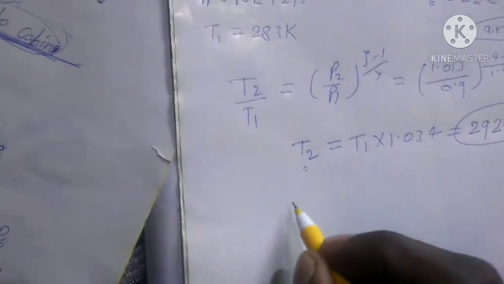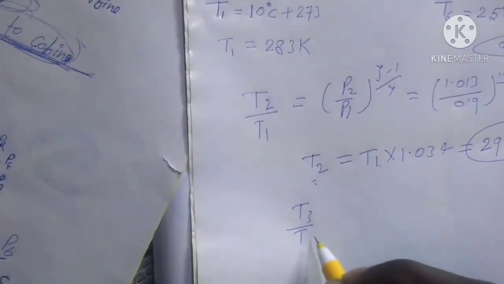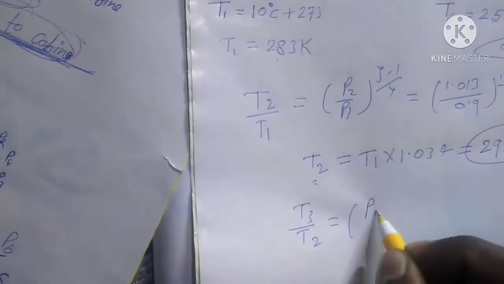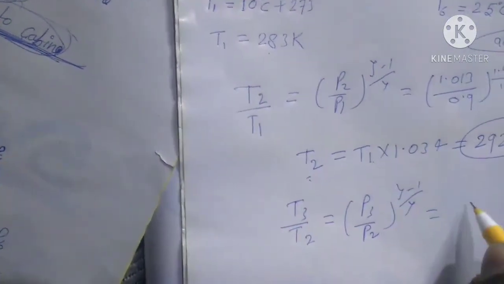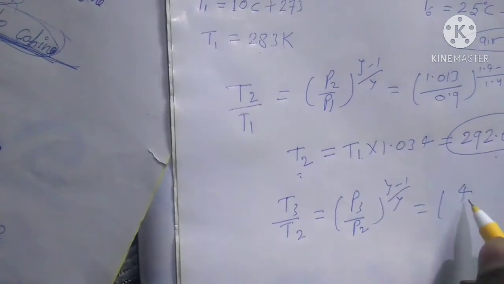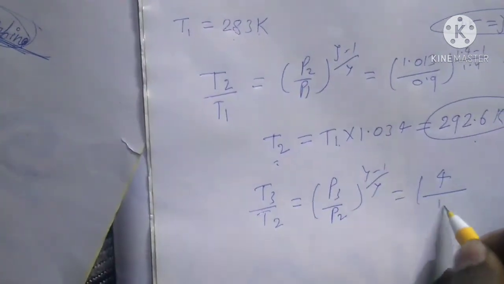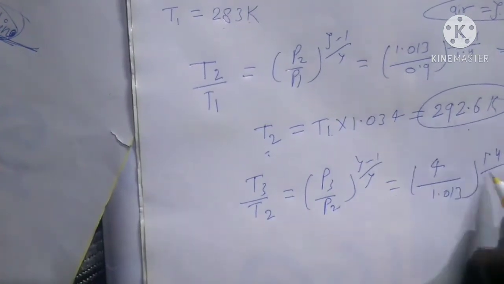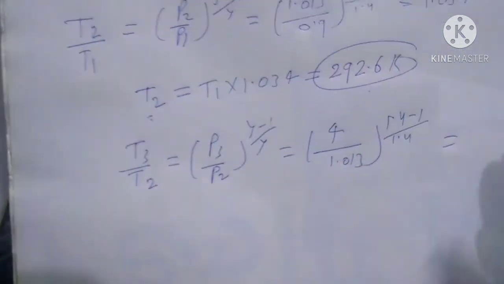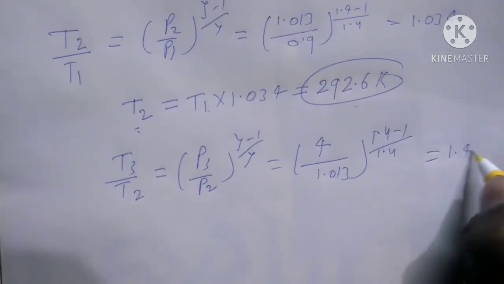Then again we apply T3 divided by T2 equals P3 divided by P2 raised to gamma minus 1 divided by gamma. P3 is given as 4 divided by 1.013, raised to 1.4 minus 1 divided by 1.4. After calculation you find 1.48.